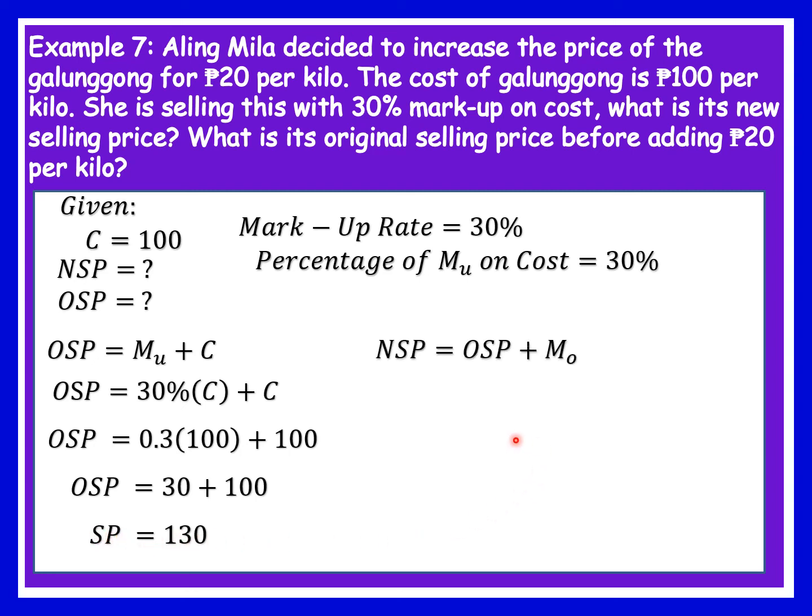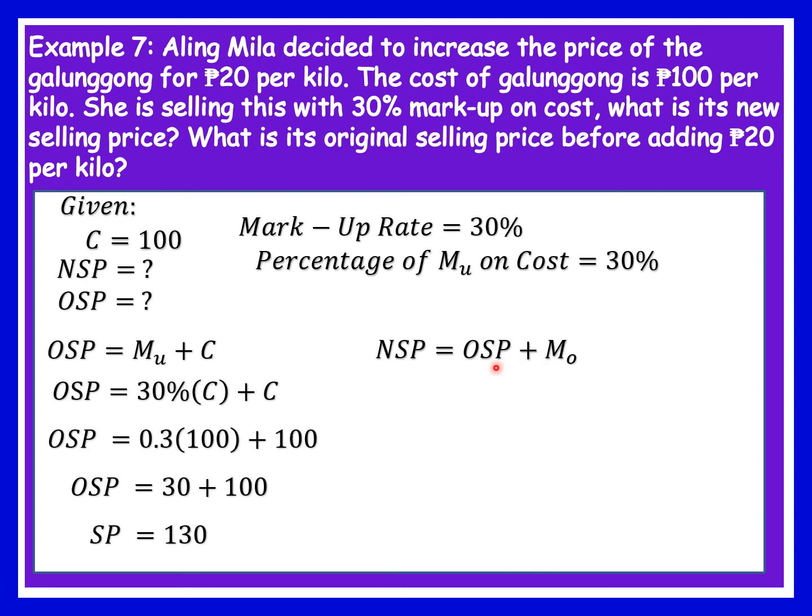Okay, next, let us find the new selling price. Of course, the original selling price we will add by 20 pesos, and that is your mark on. We are adding additional amount, or we are having our mark on. Let's say there is a high demand.